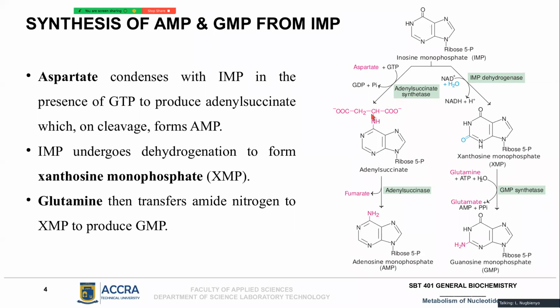So this is aspartic acid, and this is the carboxylic end of that amino acid, and you have the amine group of that amino acid getting attached on inosine monophosphate in place of this C double bond O. You see the aspartic acid coming to get conjugated to that molecule. And this is the side chain, and the side chain has a second carboxylic group in it.